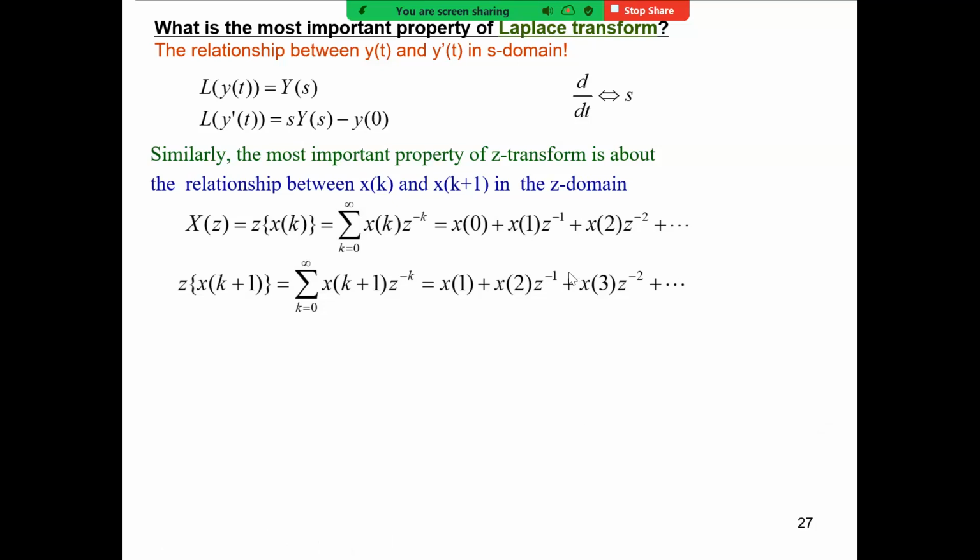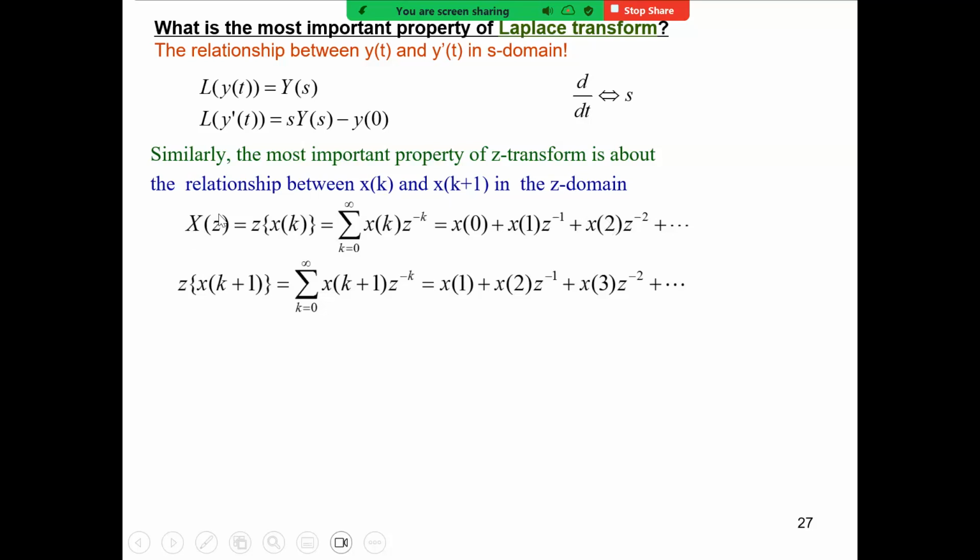Now, we want to relate X(z) and the Z transform of x(k+1). You look at the expression and you should know how to relate those two. What should we do on this X(z) to get x1? How do we convert x1 times z to the minus 1 to x1?